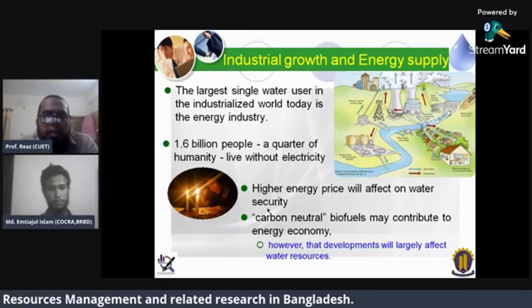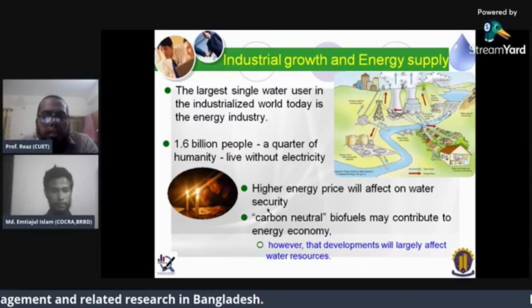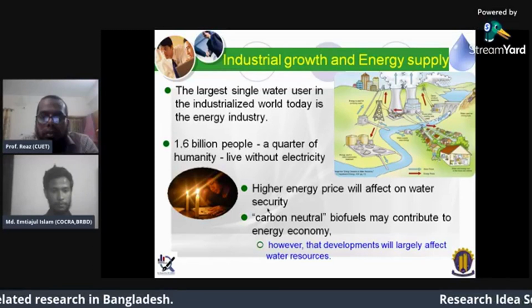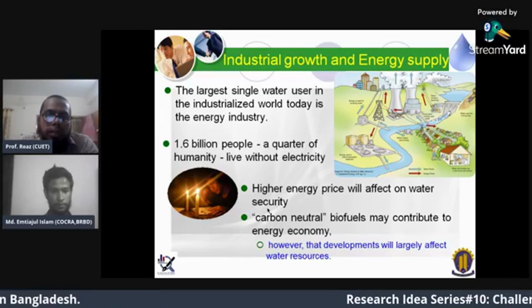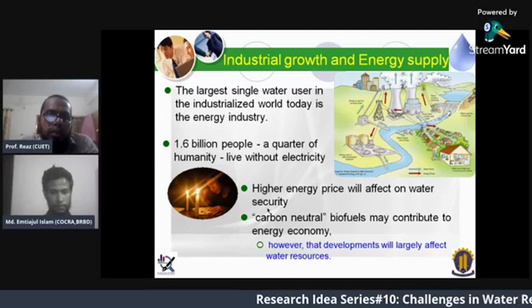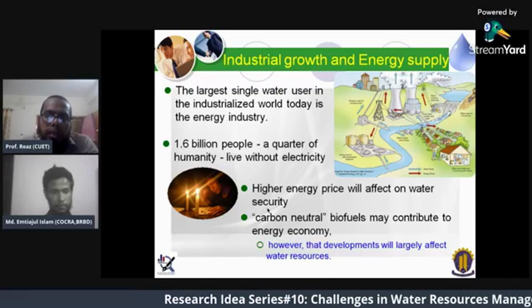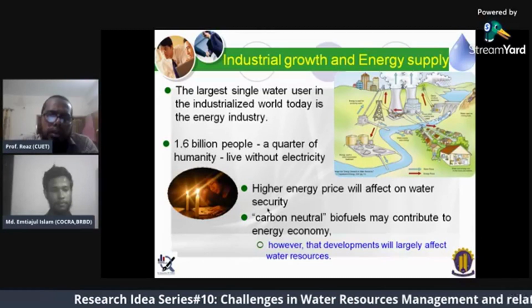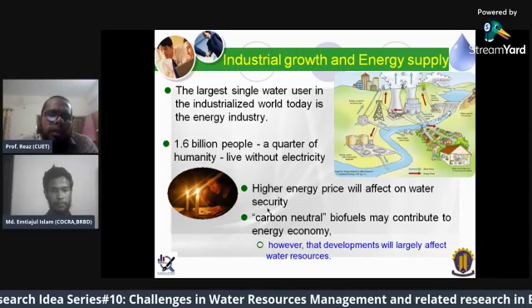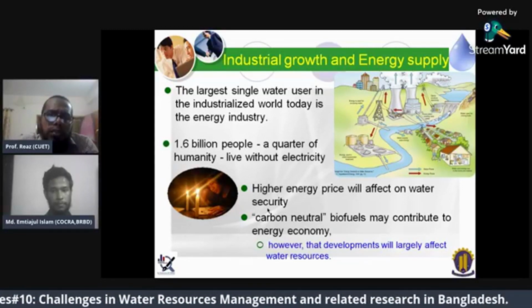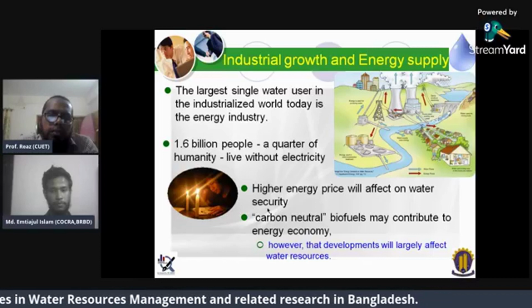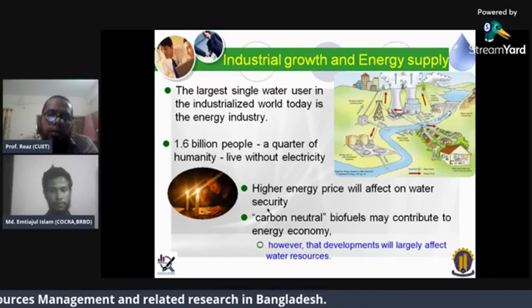Energy supply is another big target. If we see in our country as well, in Bangladesh, the government is always trying to supply electricity to every corner of the country, and it needs a tremendous amount of electricity if we want to electrify the entire globe.